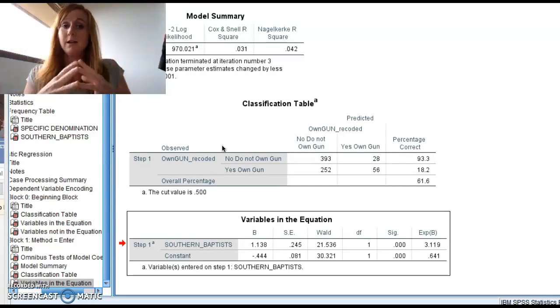So yes, knowing if you're Southern Baptist does serve as a good predictor of whether or not you own a gun. On average, many people do, but again, not all Southern Baptists do, but we can use it as something that is predictive. Okay, it is a highly statistically significant variable, and that tells us this is a true relationship beyond chance. So essentially, that's how you'd interpret a logistic regression.